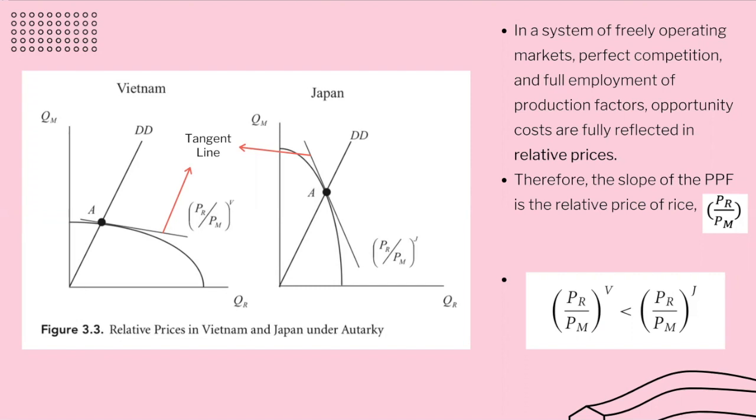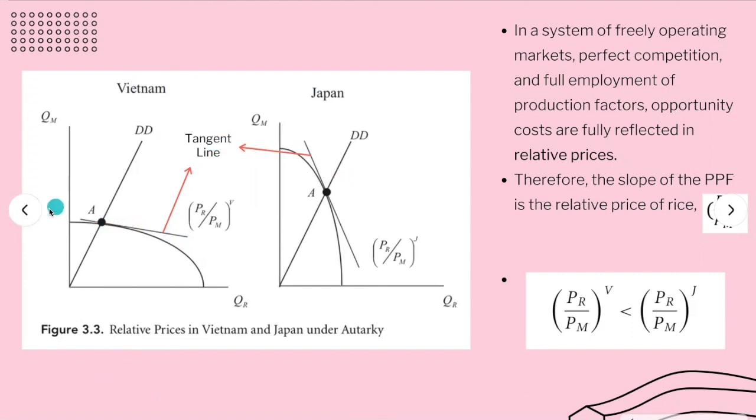We represent it like in figure 3.3 by drawing tangent lines to the PPFs where the demand line crosses them at points A. As you can see here, this is the tangent line in Vietnam, and this is the tangent line in Japan.